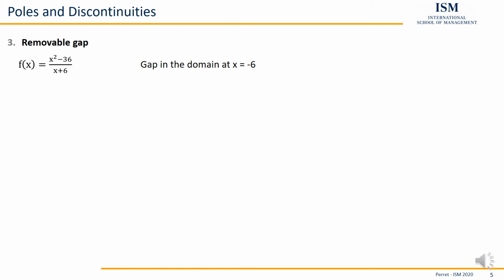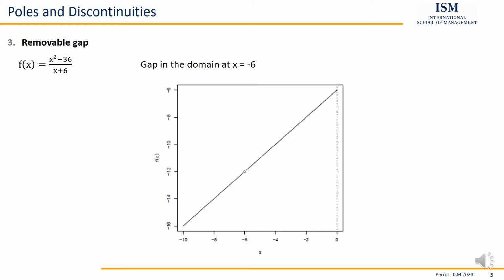And in x minus 6, I'm allowed to insert -6. So this function actually looks like this. With this one speciality, I'm not allowed to insert -6, so I have this removable gap, which we marked here with this specific point, at x equal to -6.